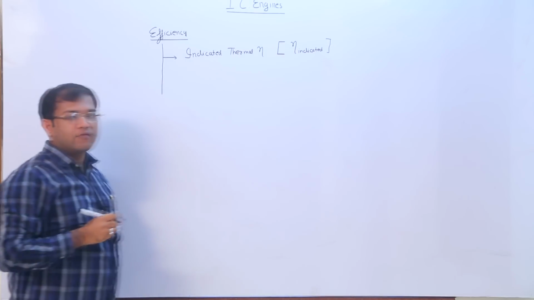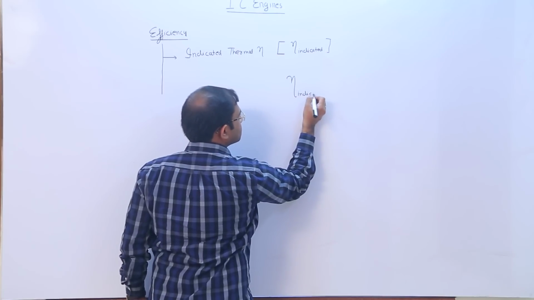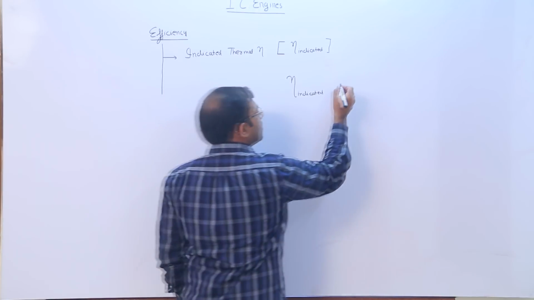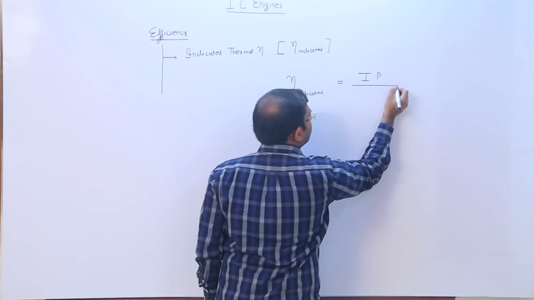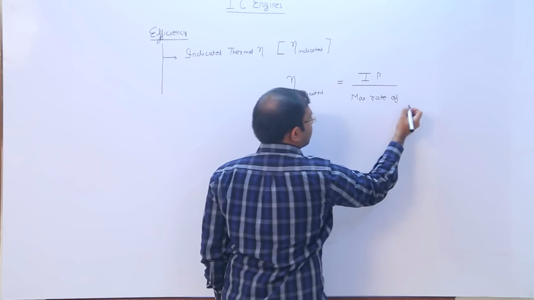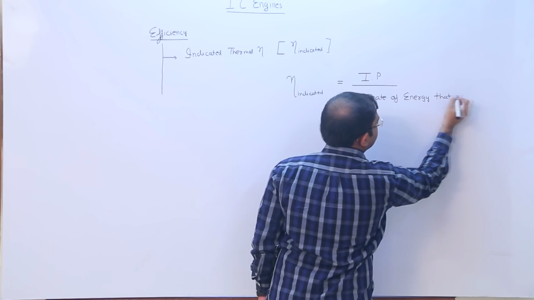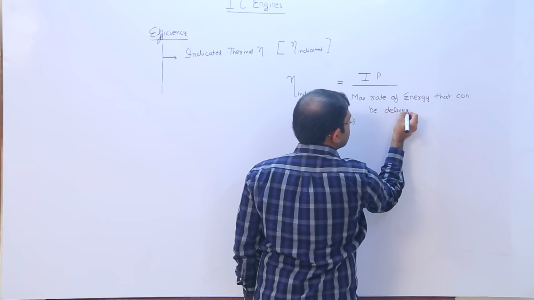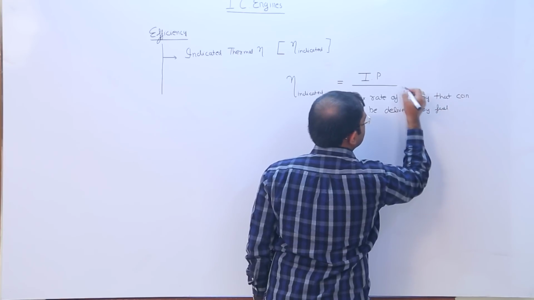Now let us understand what eta indicated is. See, eta indicated is nothing but the ratio of indicated power upon the maximum rate of energy that can be delivered by fuel.